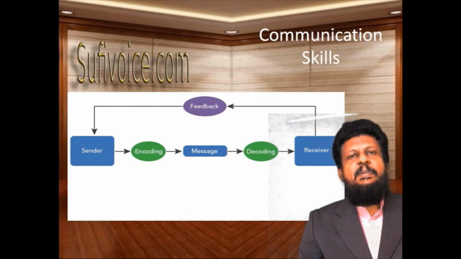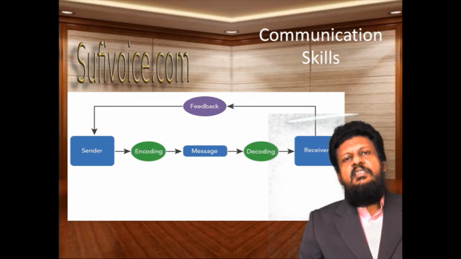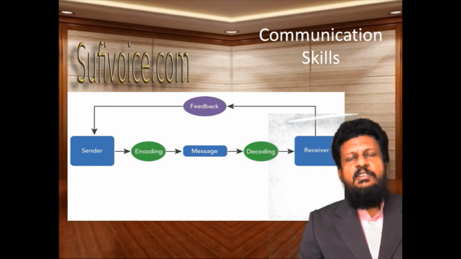There should be a feedback system, a feedback from sender to receiver and receiver to sender. Again, it's a two-way process. Now, say A has communicated some message to B. If B understands the message, then he will do the work, or whatever A has asked, he will give a reply.